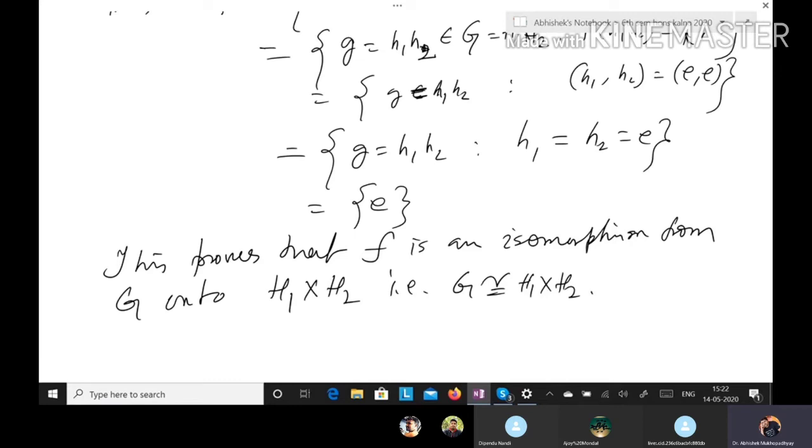So if the internal direct product of two normal subgroups of a group exists, then one can say that this is the external direct product of those groups.